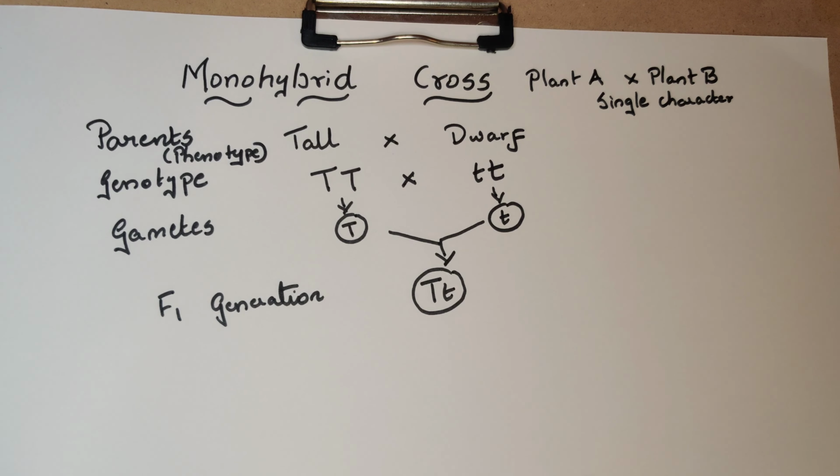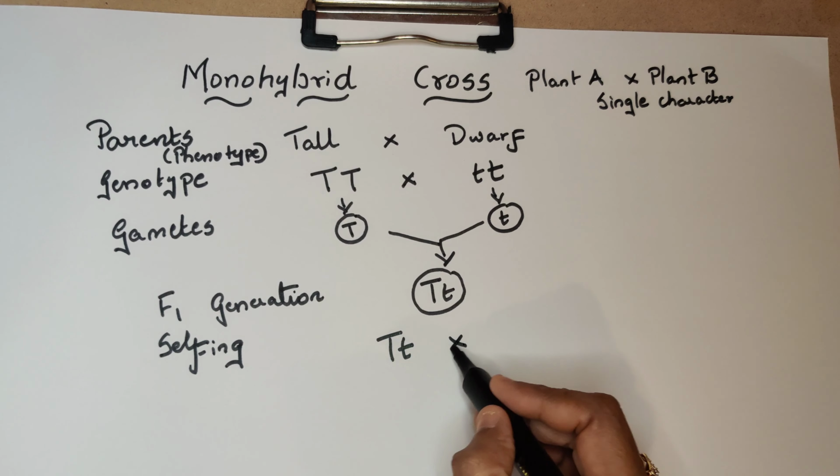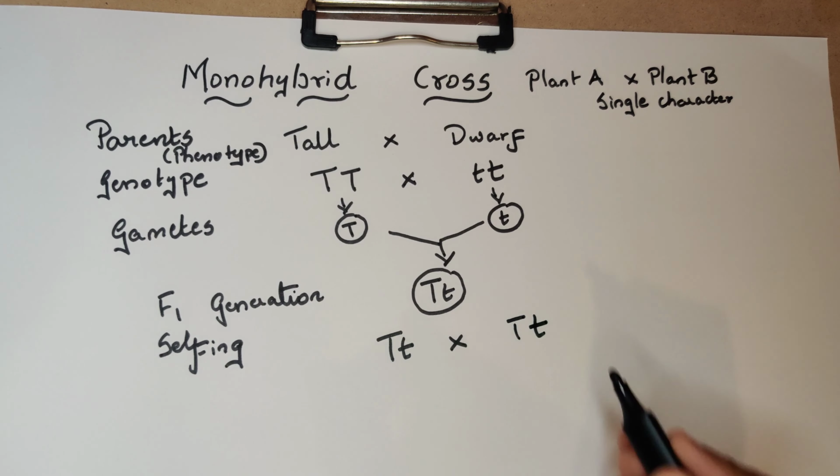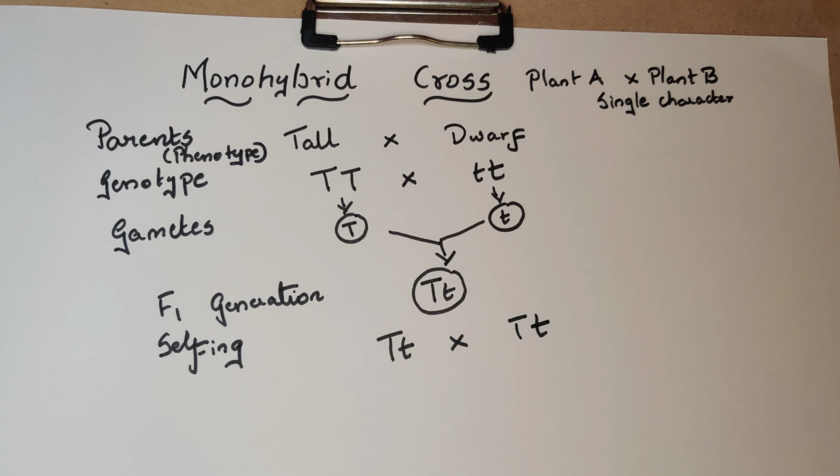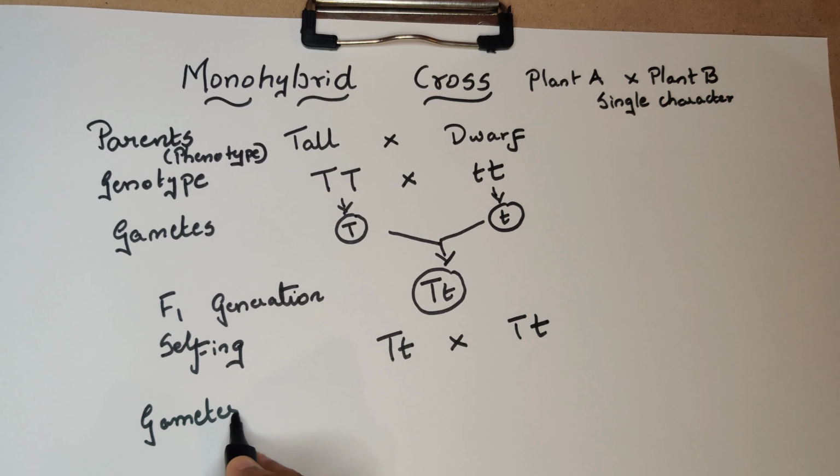We take the siblings here. It is not one plant, there might be many plants. So we take two plants out of that F1 generation and cross them. When we cross them, we need to work out the gametes again. There are two types of gametes for this.